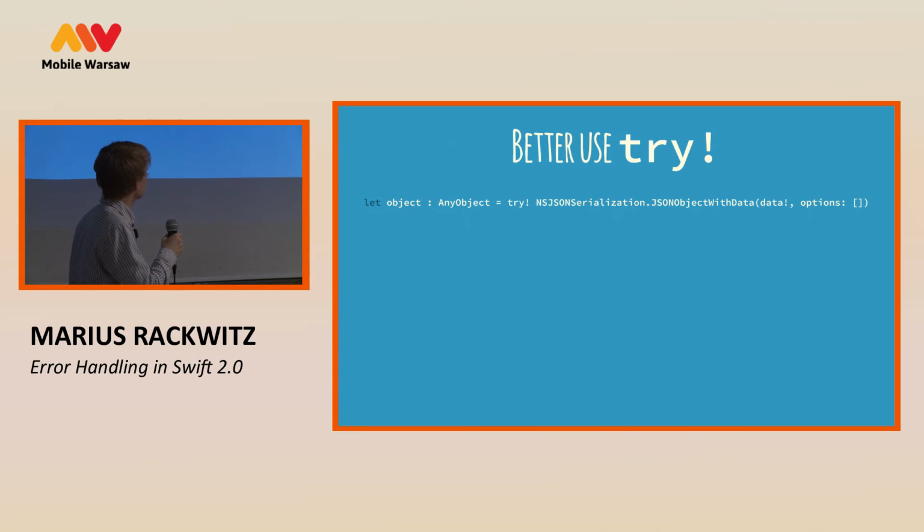If you would map that mentally to Objective-C code, it would be like defining an error variable, passing the pointer into the method, calling the method, and then making an assert on the variable that it is nil and there is no error. So be aware of that, that there is an implicit assert.